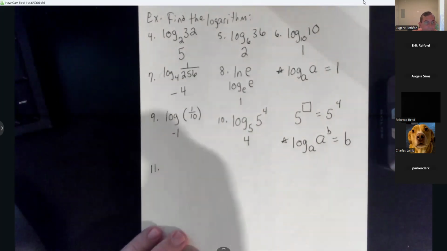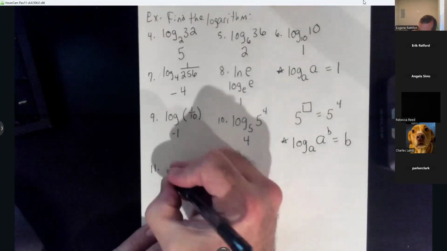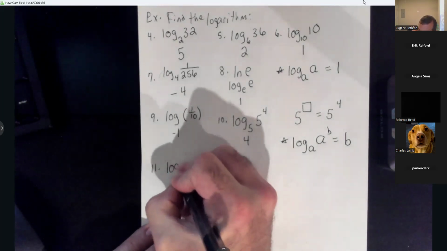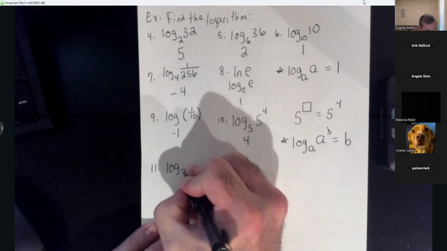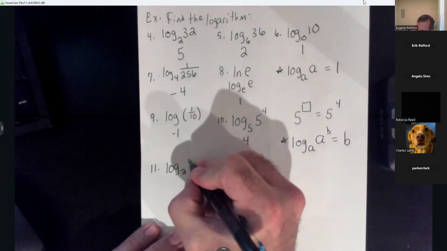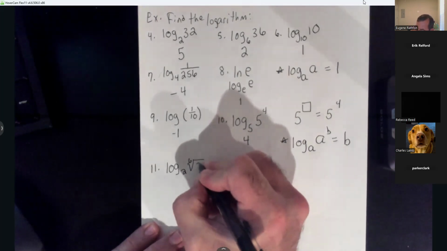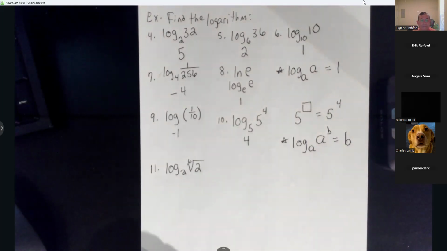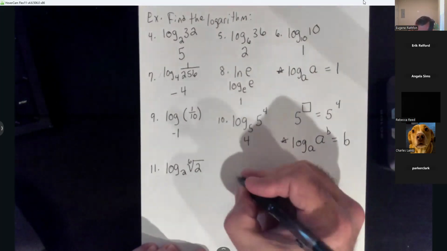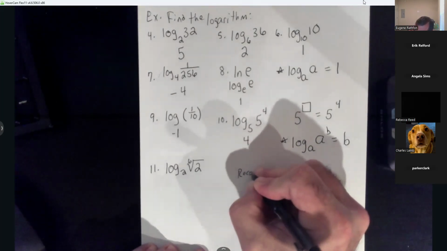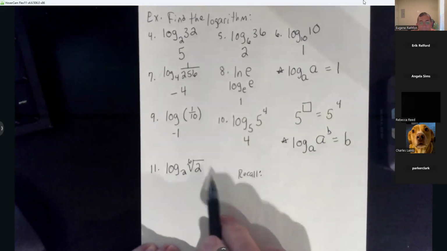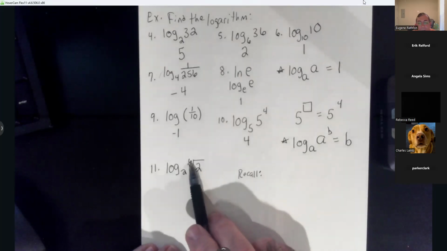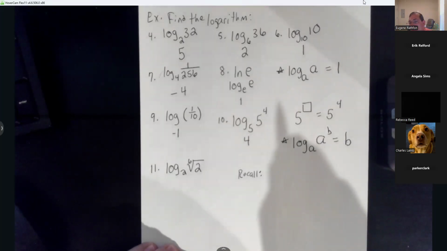This next one has a log base 2 of the 6th root of 2. I'm going to show you how to convert from a radical into an exponent fraction.